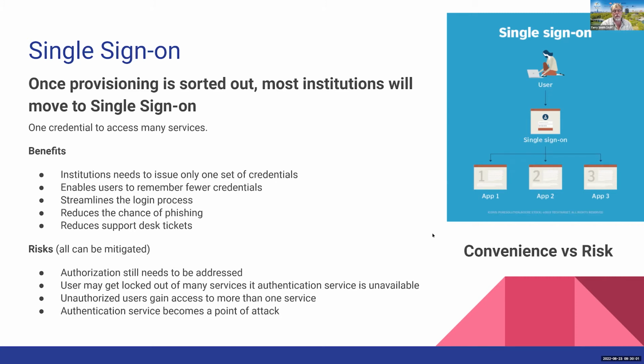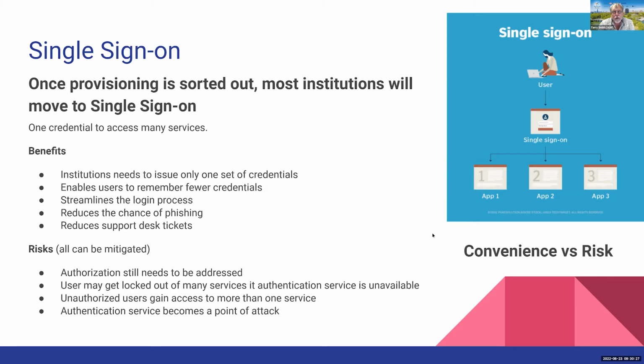And there are some risks that can all be mitigated. Authorization still needs to be addressed, so provisioning still has a role with single sign-on. Users may get locked out of many services if their authentication service is unavailable. So your single sign-on authentication service should be highly available.